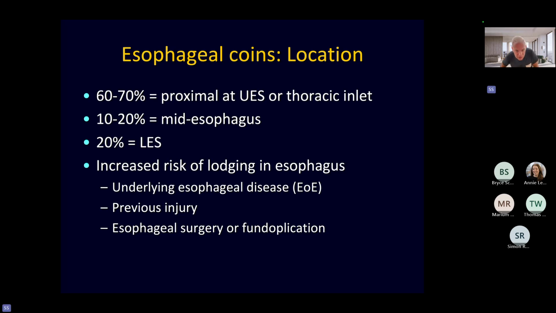In the esophagus, 60 to 70% of foreign bodies will be at the upper esophageal sphincter or the thoracic inlet, 10 to 20% in the mid-esophagus, 20% in the lower esophageal sphincter.